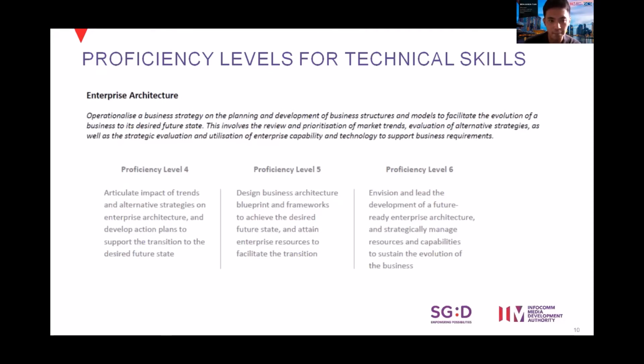So for this example of an enterprise architect skill, the proficiency levels for this skill range from level 4 to level 6, with level 4 signifying that one is able to articulate impact of trends and alternative strategies on enterprise architecture, and level 6 signifying that one is able to envision and lead the development of a future-ready enterprise architecture and strategically manage resources. So this is one example of how you read the different proficiency levels of technical skills competency in a skills framework.